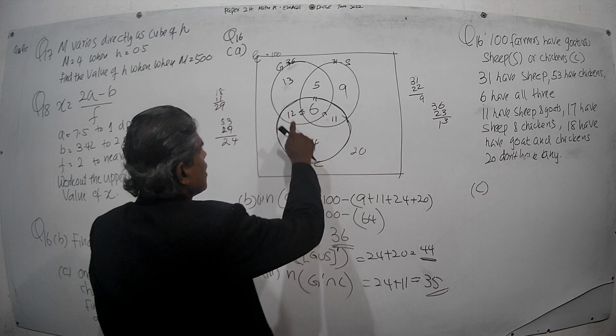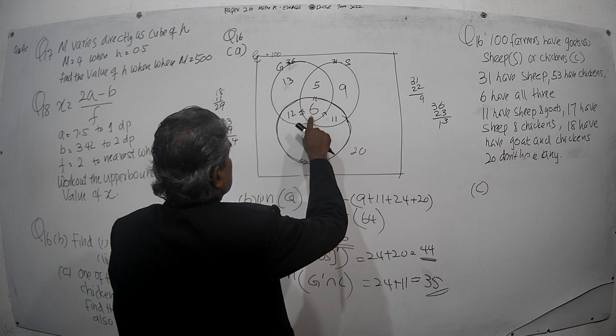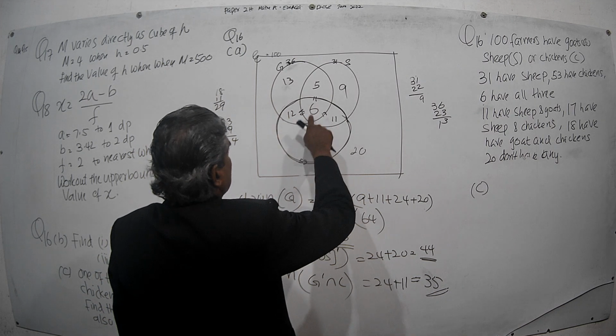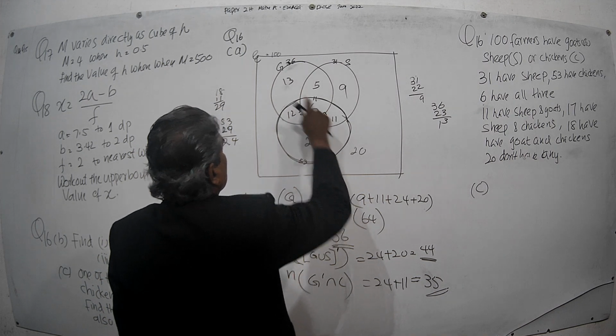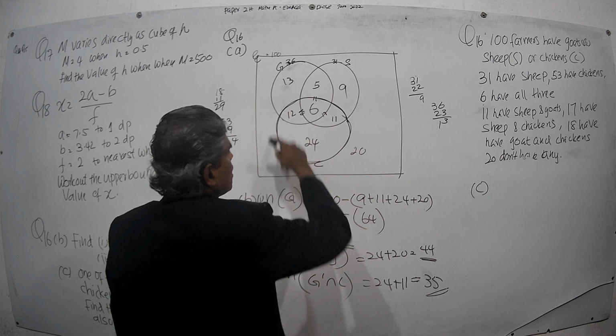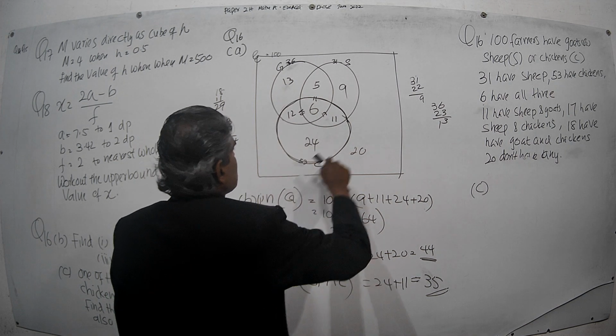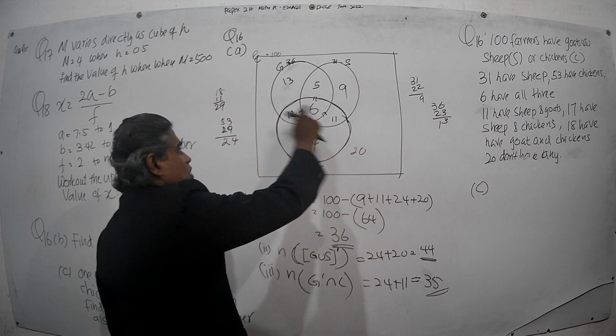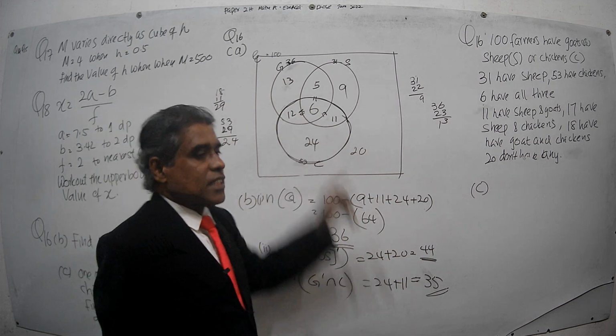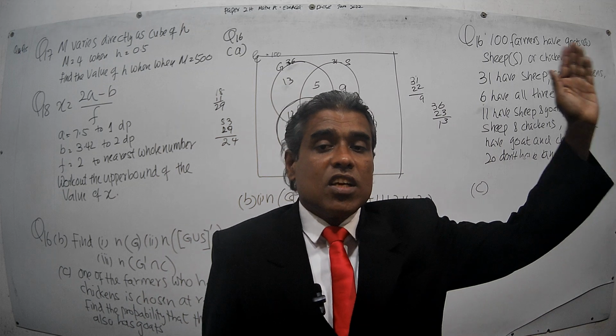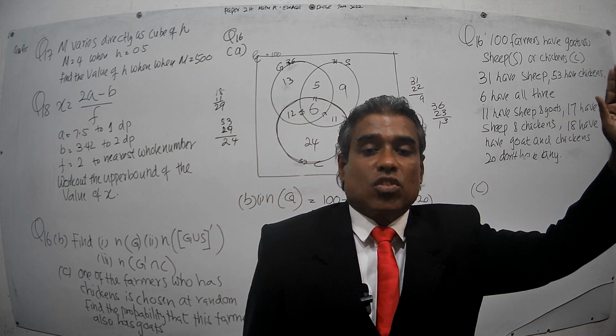Then they say, this part and this part also. This part is the goat circle, and it's also part of the chicken circle. Therefore, 18 of us have goats also.